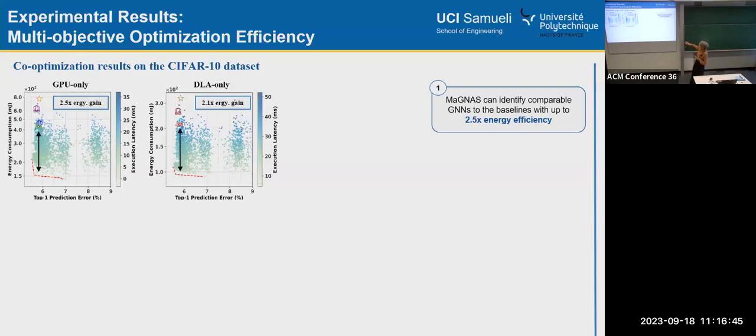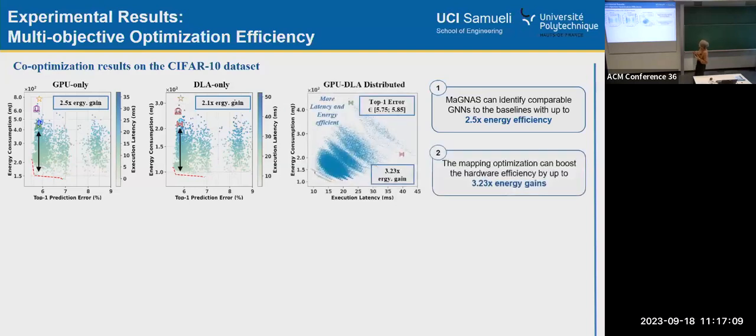From the comparison of our explored GNN architectures to the baseline, we can see that we have energy-efficient models. Our updated Pareto front on the bottom is more energy efficient than the models of the baseline on the top, with the same accuracy level on the CIFAR-10 dataset.